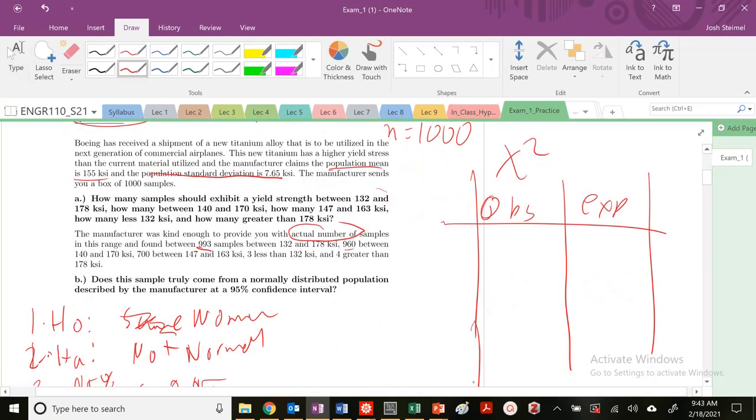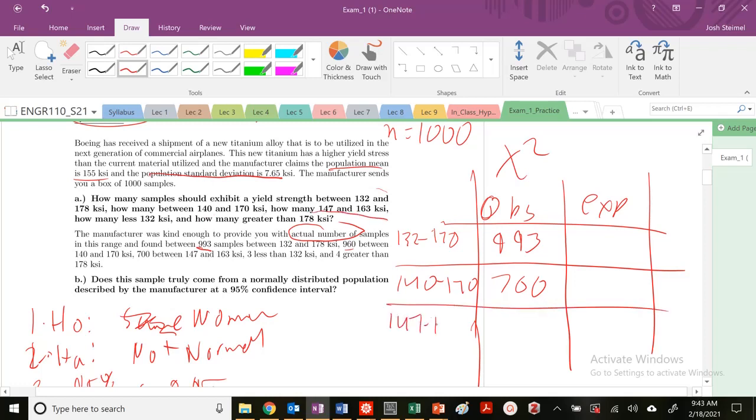Well, we're given all these different ranges, right? So, for example, 132 to 178, and we observed between 132 and 178, 993. What about between 140 and 170? Between 140 and 170, we found 960. What about between 147 and 163? We observed 700.